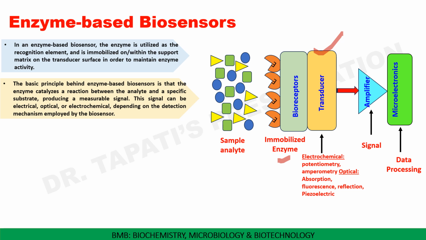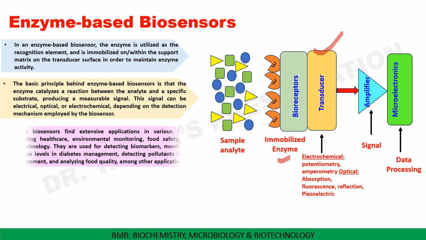The basic principle behind enzyme-based biosensors is that the enzyme catalyzes a reaction between the analyte and a specific substrate, producing a measurable signal. This signal can be electrical, optical, or electrochemical, depending on the detection mechanism employed by the biosensor.